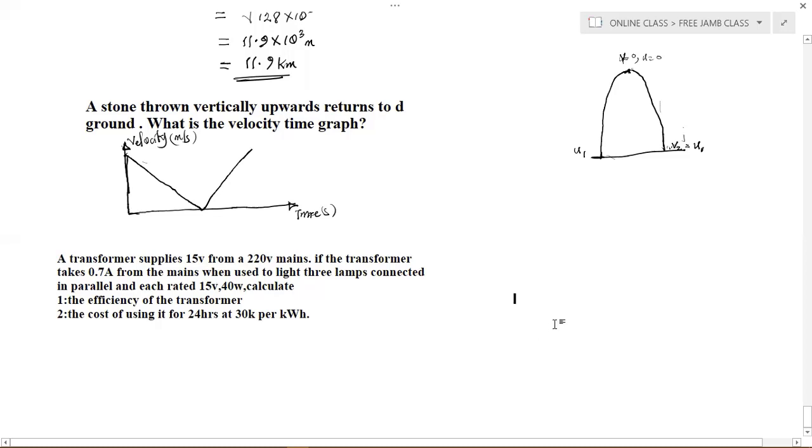Now this one here, what we have here as a supply. What is the supply?